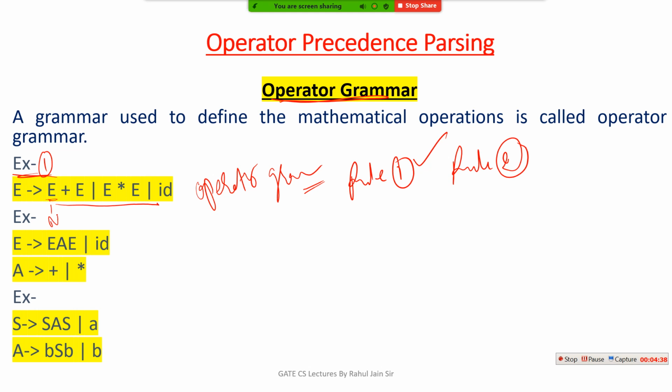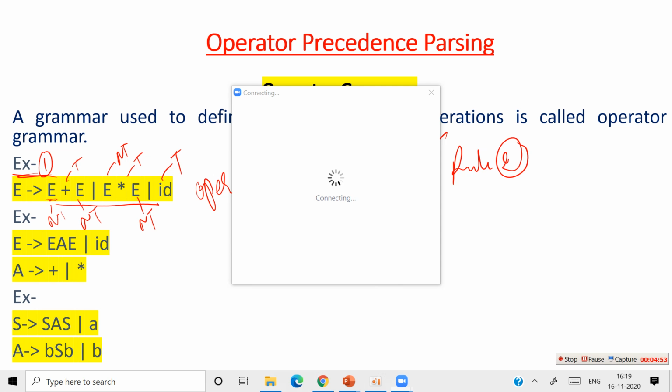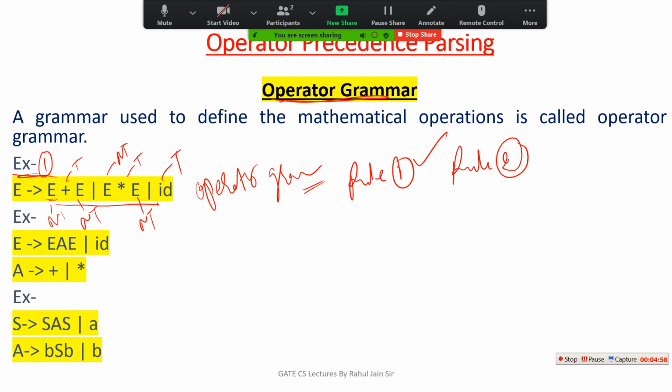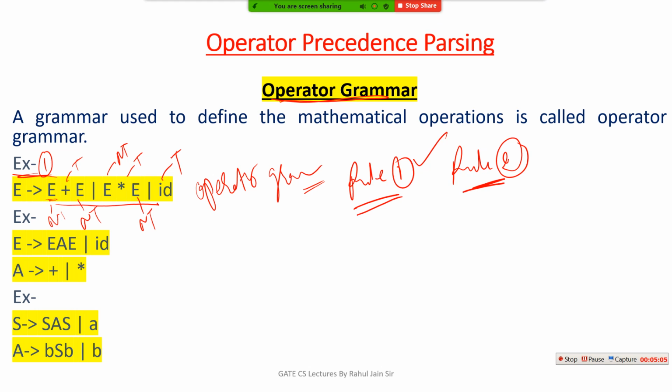Here it is a non-terminal, a terminal, a non-terminal, then a non-terminal, a terminal, a non-terminal, and only a terminal. Both the rules of operator grammar are followed here. That is why we can simply say that it is an operator grammar.